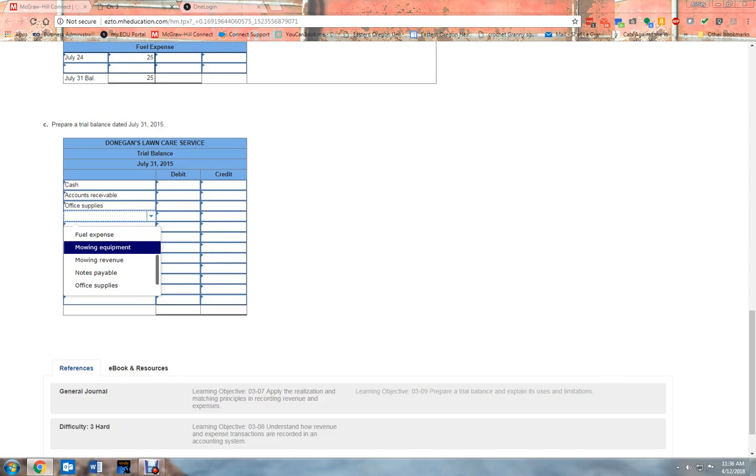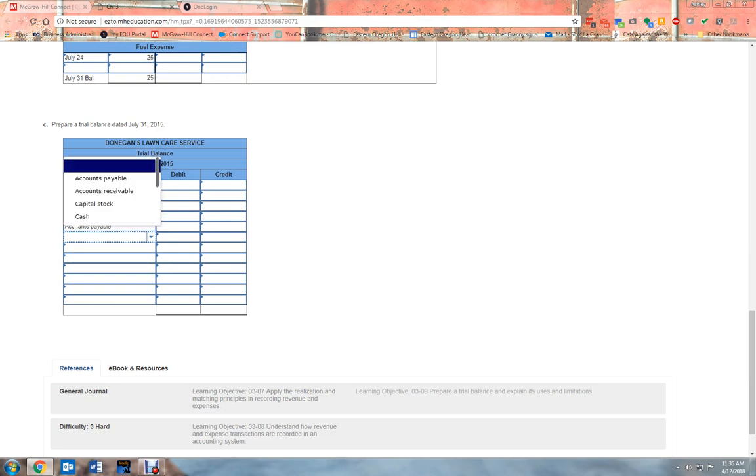So we have some mowing equipment. And then accounts payable. So we're out of the assets, now we're into the liabilities. Notes payable is listed after accounts payable. Oops, sorry, I clicked on the right one here. And then capital stock, so our owner's equity.